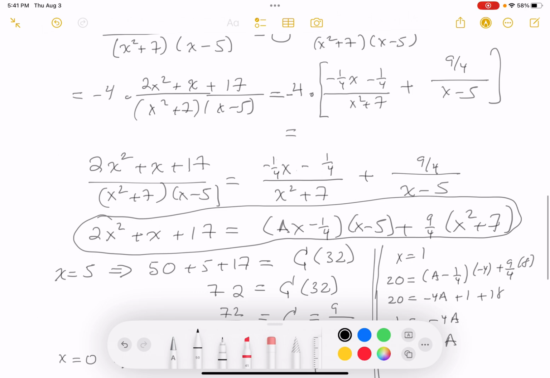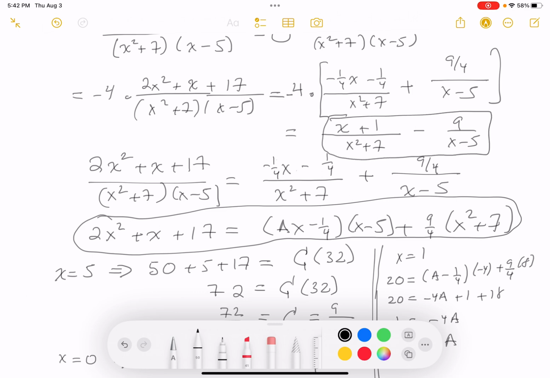Well, this really kind of multiplies out pretty nicely, by the way. You're going to get x plus 1 over x squared plus 7 minus 9 over x minus 5.